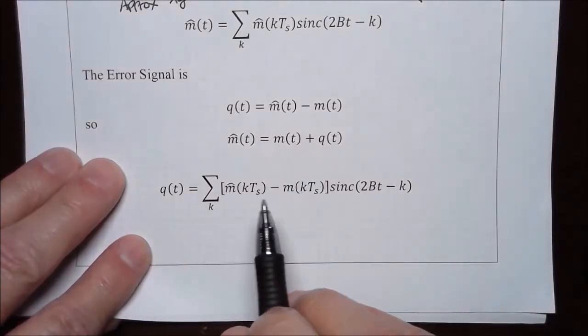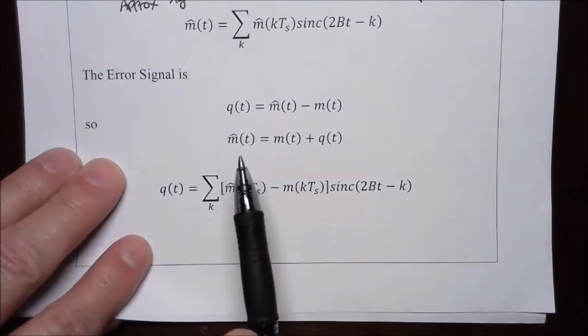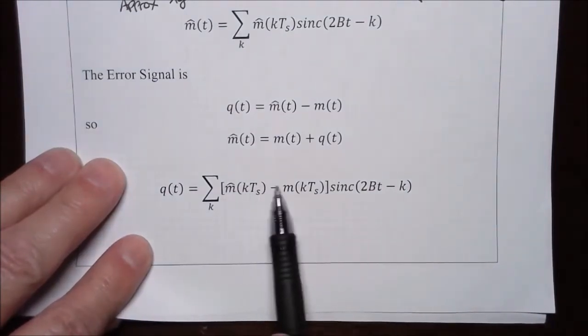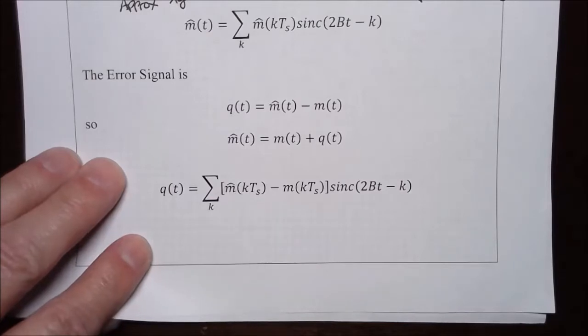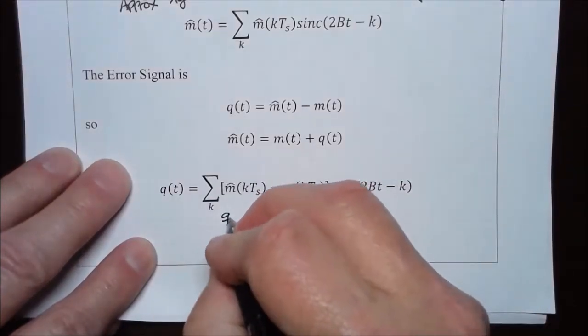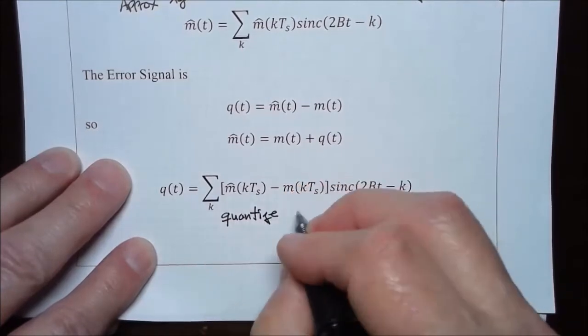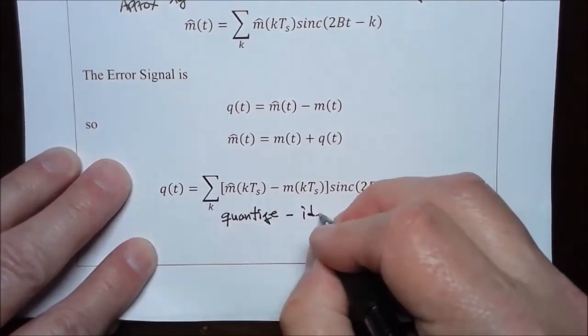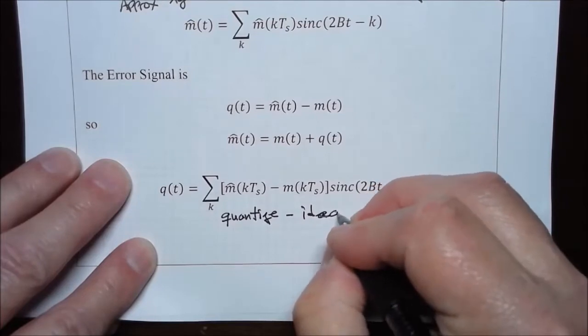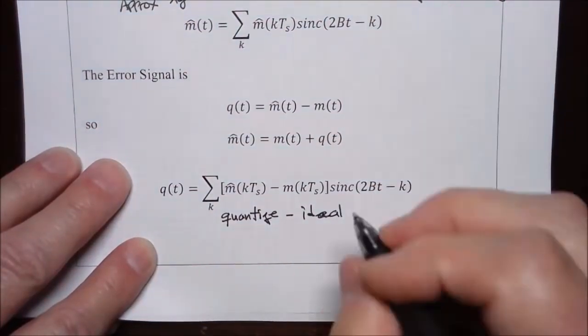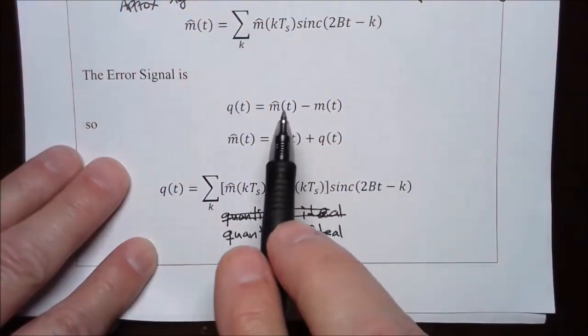But now the scale factor is the difference between the quantized weight factor minus the ideal weight factor. So this is, in fact, the error.